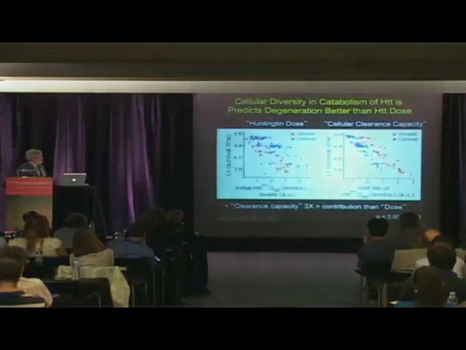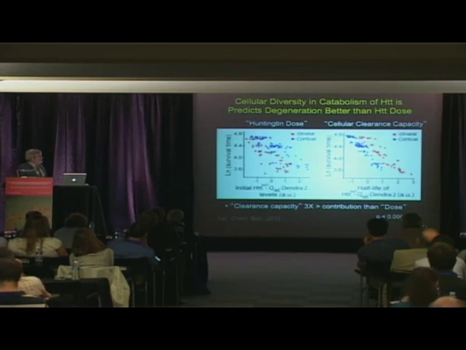And we've done sophisticated Bayesian hierarchical analysis to really quantify these relationships. And we've compared the predictive value of Huntington dose, that is the amount that the cell starts with, with its clearance capacity. And what we find is that clearance capacity for a cell is about 3 times more important than the dose in determining whether and when that cell will die.